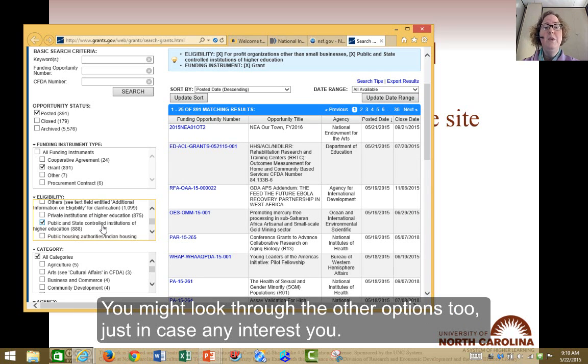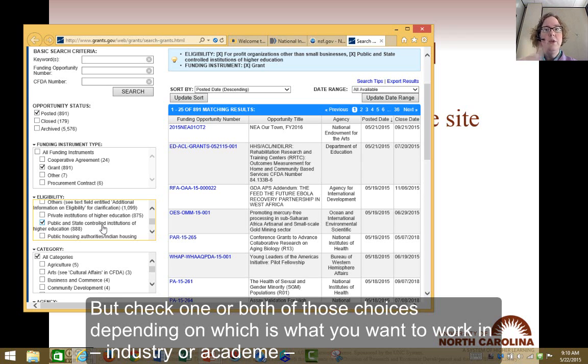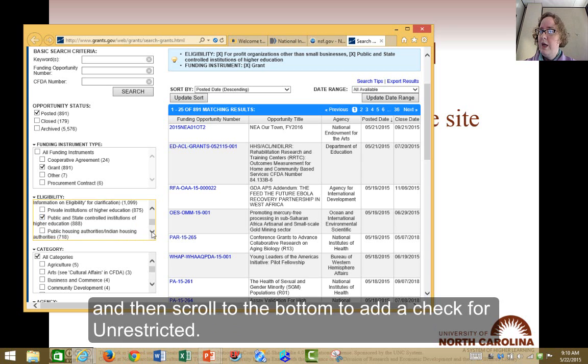You might look through the other options too, just in case any of them interest you. But check one or both of those choices, depending on which is what you want to work in, industry or academia, and then scroll to the bottom and add a check mark for unrestricted.